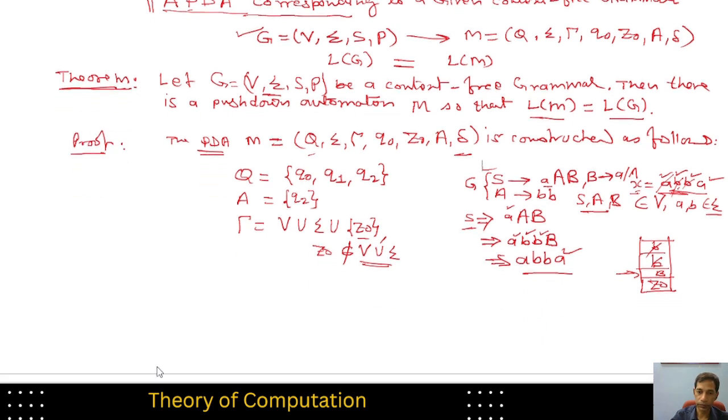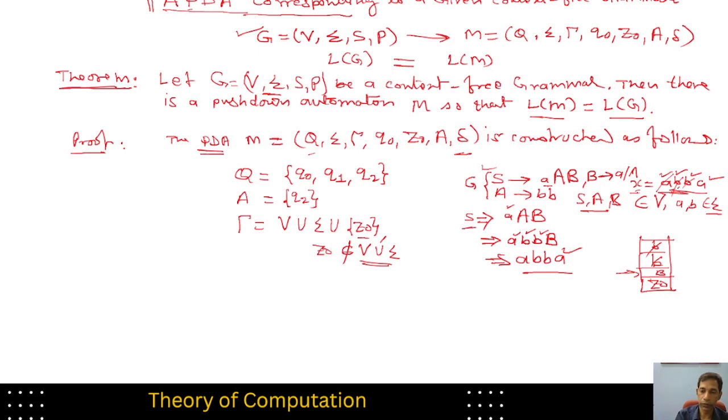So what do we need to do? We have the transition functions. At the beginning your machine starts from Q0, and without consuming the input, we don't require to consume the input, and the top of the stack is Z0.